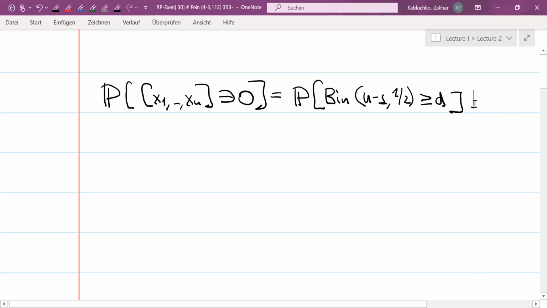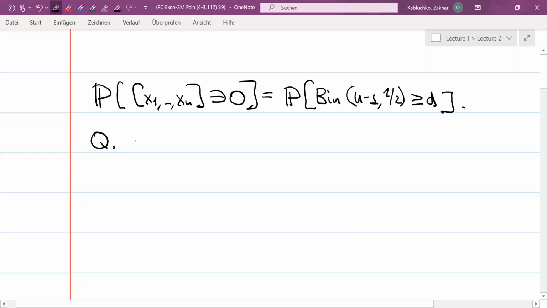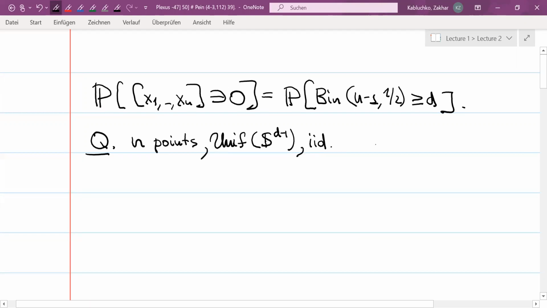And now, given this, one can ask the following question. Suppose we choose n points uniformly on the sphere at random, independently, in the space of dimension d, which is very large, say 1 million.